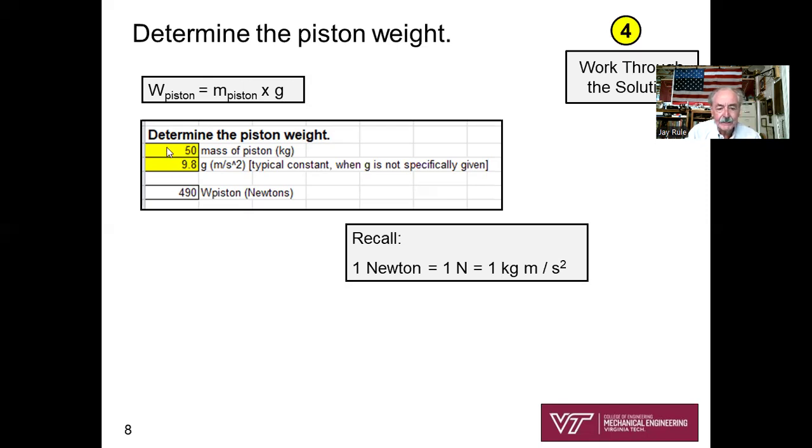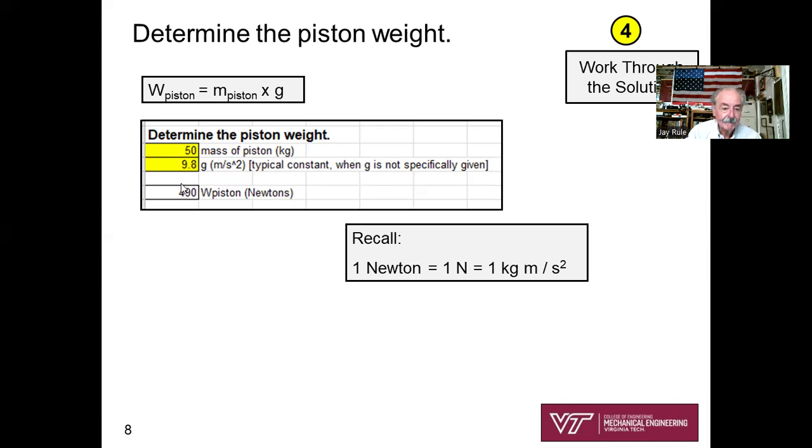But notice how I do more than just put 50. I say 50, that's the mass of the piston, M sub P, piston, okay? 9.8, I didn't just plop down 9.8, I wrote down g in meters per second squared. Look, I'm including my units, and I've said that's a typical constant when g is not specified in the problem statement.